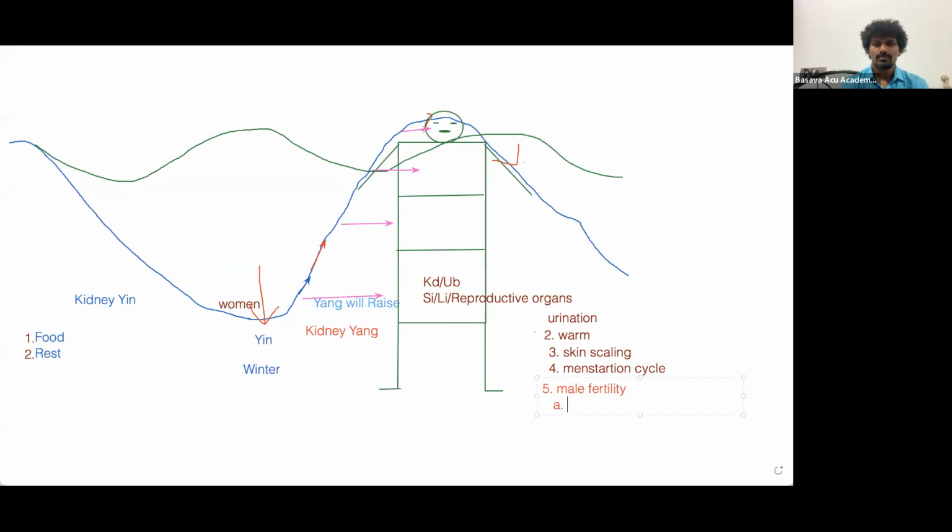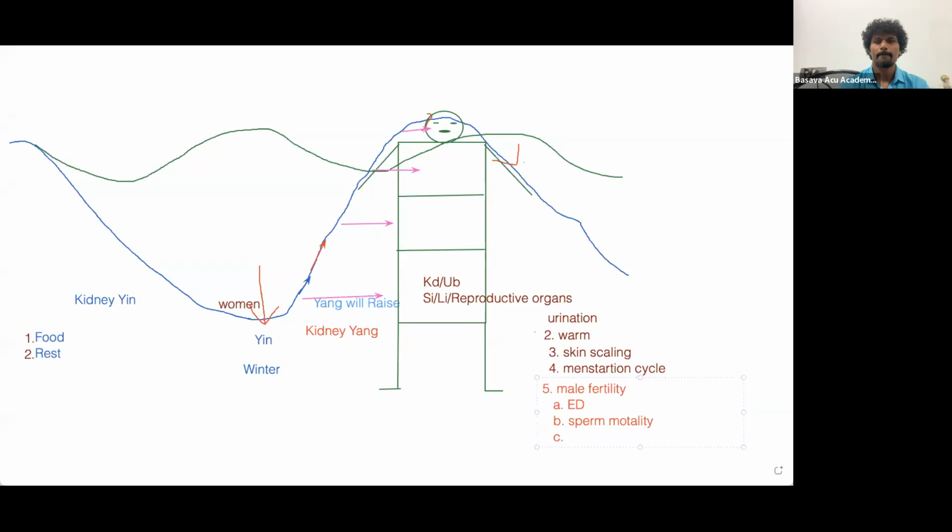So ED, erectile dysfunction, is a yang deficiency. And sperm motility is yang. And the sperm morphology is also yang. The quantity of sperm is yin. The quality of sperm is yang.